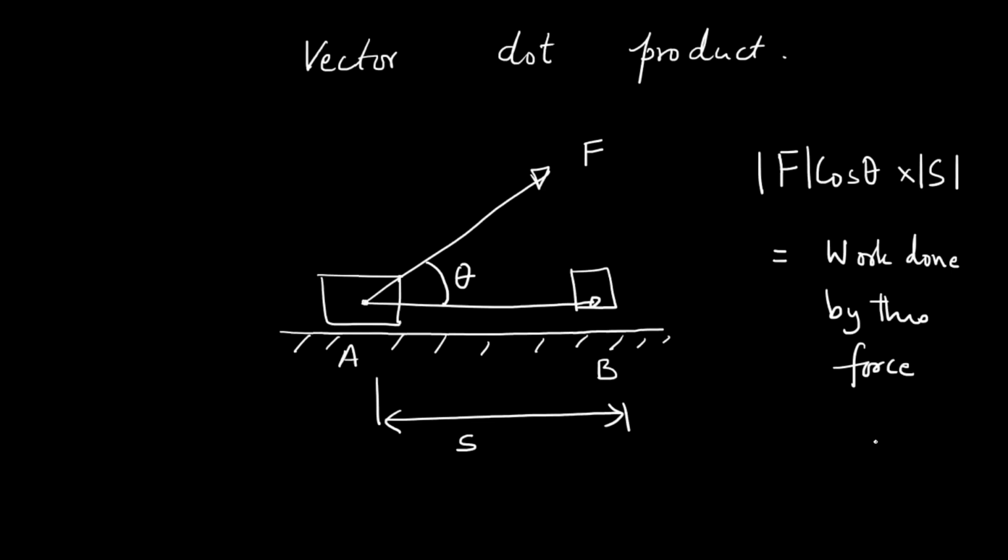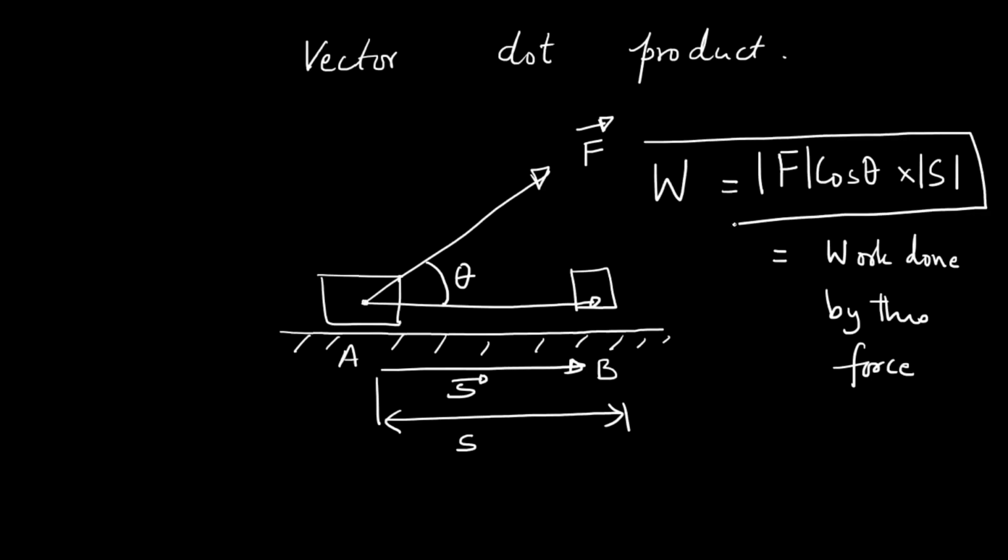in this displacement. So now this involves a vector F and another vector, the displacement. These two vectors together give us a scalar quantity called work, which is defined in this manner, and we know that this is useful in a very important formula in physics, the work energy theorem.